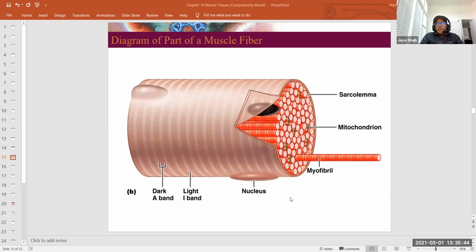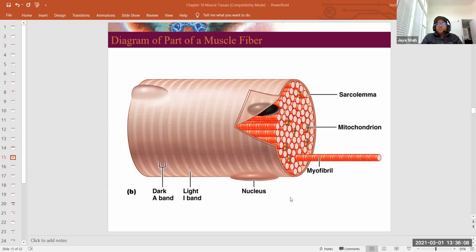You're not sure? Do you have the PowerPoint in front of you? Just what you're lecturing on right now. Yeah, same PowerPoint. Oh, my PowerPoint only? You have not downloaded your own? No. Okay. So there are 3 connective tissue layers.